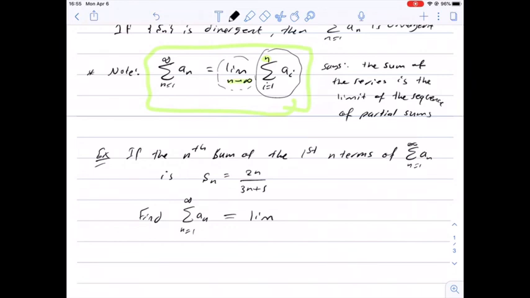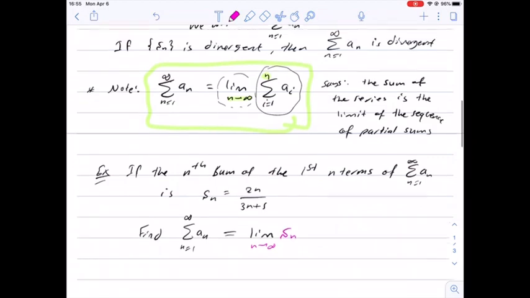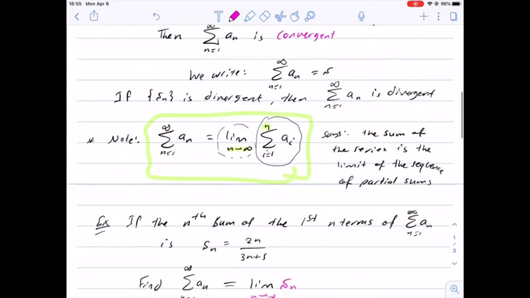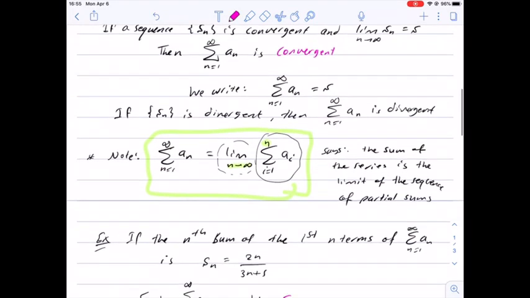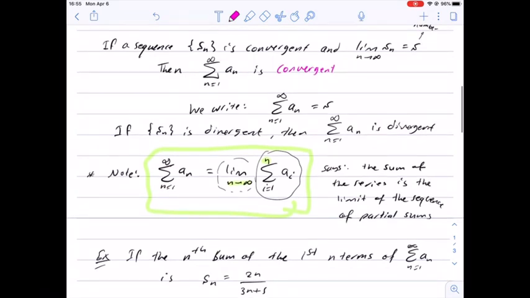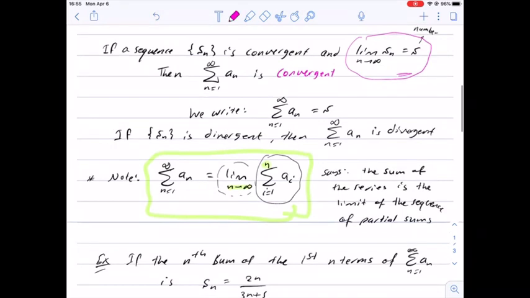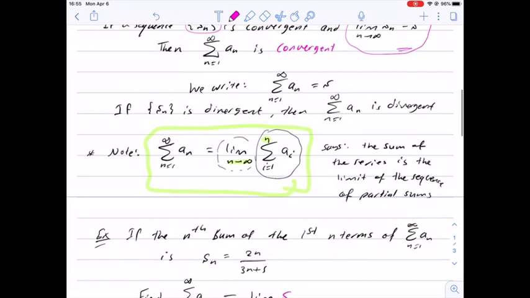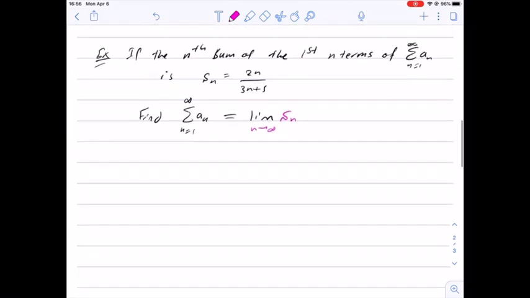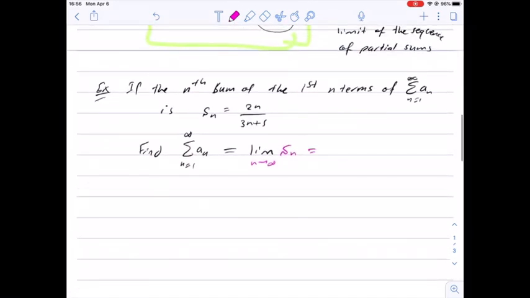In order to do that, we take the limit of s sub n as n goes to infinity, because here we mentioned that we need to find the limit of Sn. If we find the limit of the nth partial sum, and that limit does exist, and the sequence is convergent, then the series is convergent.